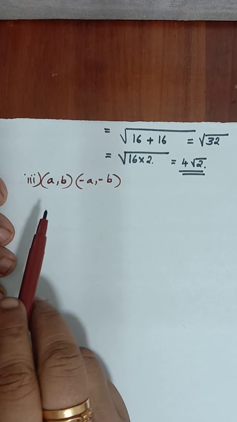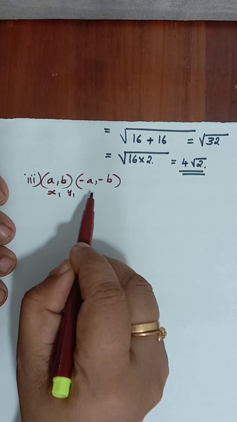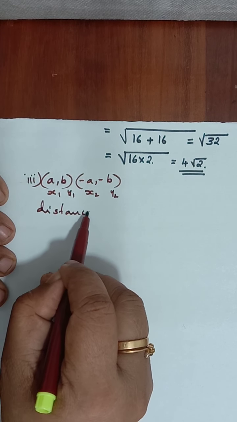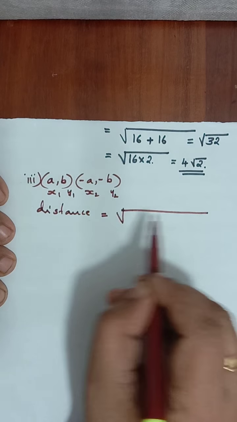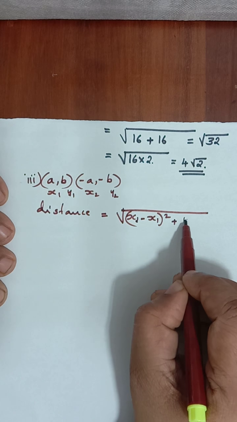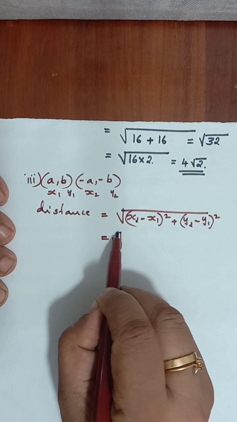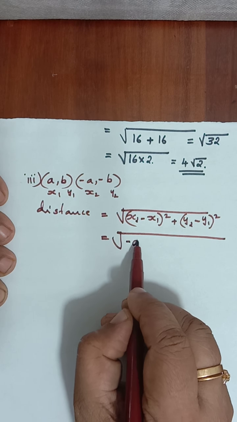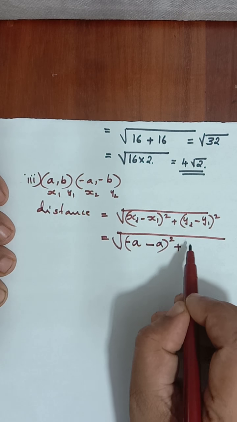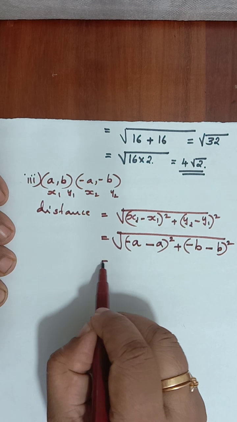Third question we have a, b, negative a, negative b. All of you do now. It's x1, y1, x2, y2. Therefore, distance is equal to square root of x2 minus x1 whole square plus y2 minus y1 whole square. That's equal to, substitute the value, x2 is negative a minus x1 is positive a square plus y2 negative b minus positive b square. So what do we get now?